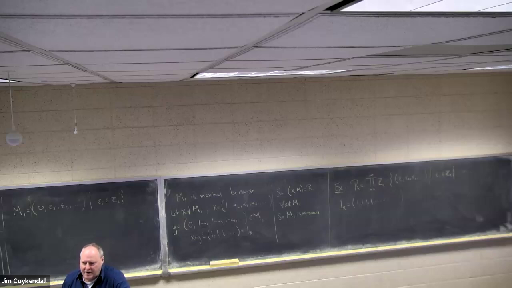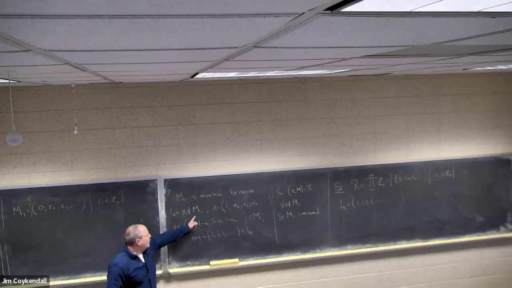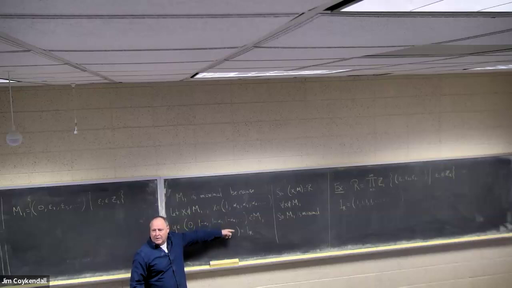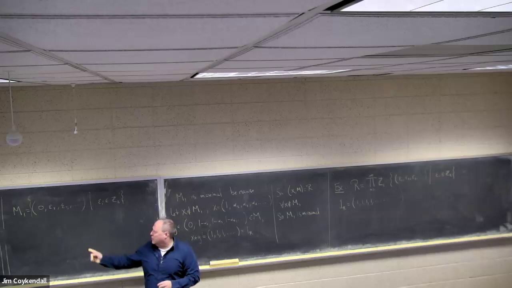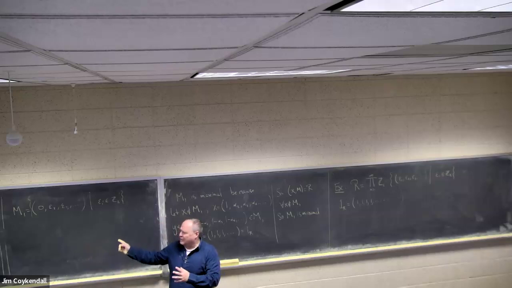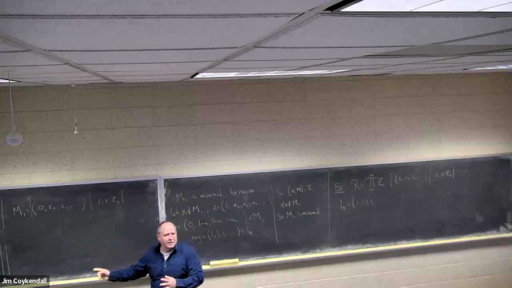Because any ideal that's slightly bigger, if there's even one more element in there, you've automatically got the identity in there and it's the whole ring. So you can't shove another ideal in between M1 and R. Everybody okay with that? But everybody also agree that there's nothing special about the first coordinate, right?